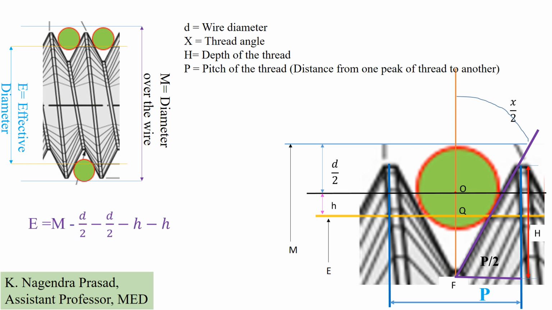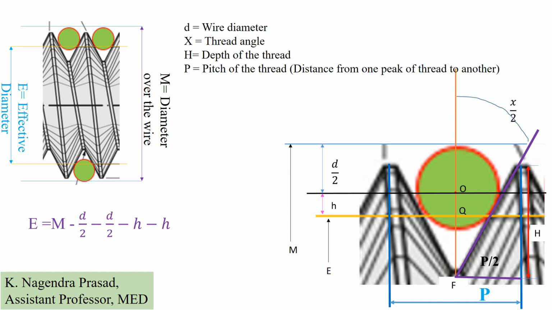Now the relation between the diameter over the wire, capital M, and the effective diameter, capital E, is E equals M minus d by 2 minus d by 2 minus h minus h. Here d by 2 is half of the wire diameter at the top side as well as the bottom side of the anvil setup.